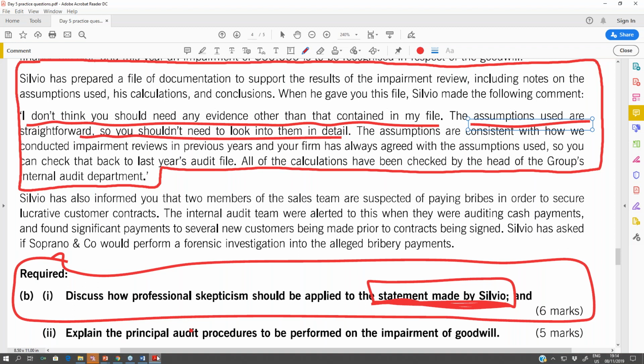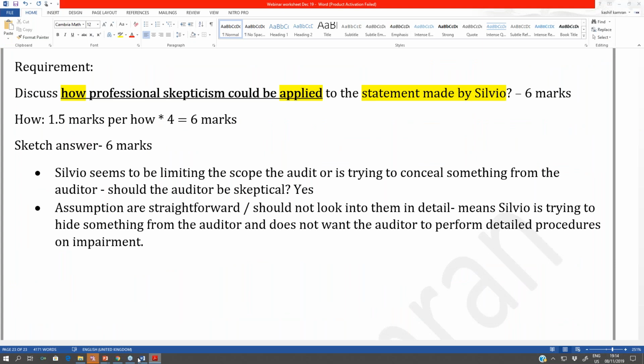So he thinks that this time they will be fine as well. The assumptions are consistent with how we conducted impairment reviews in the previous year, and your firm has always agreed with assumptions used. Not necessarily.